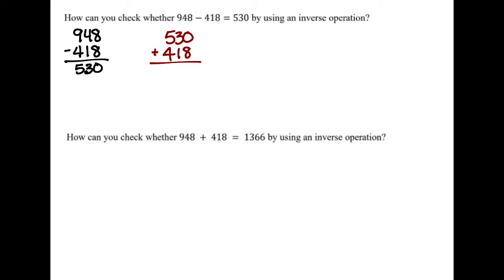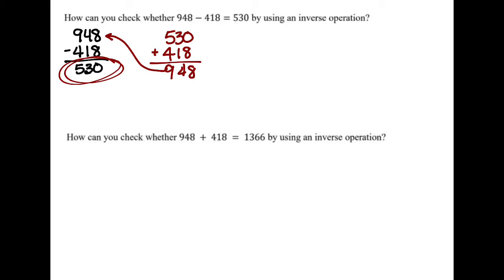We're going to take our answer, add what we subtracted, and see if we get what we started with. So 0 plus 8 is 8, 3 plus 1 is 4, and 5 plus 4 is 9. If this is that, which it is, then the one that we got is our answer. That's how you check it.